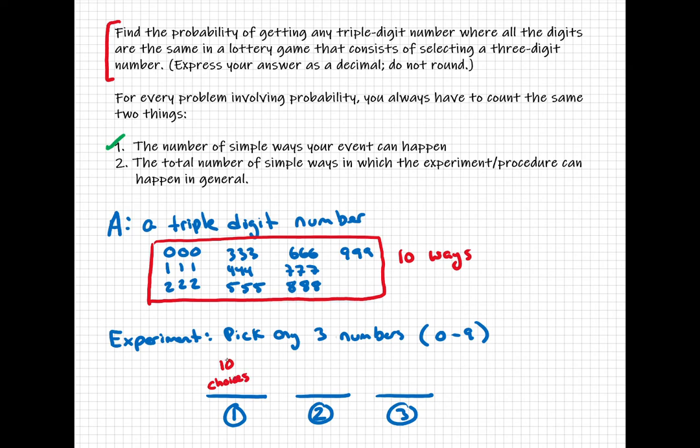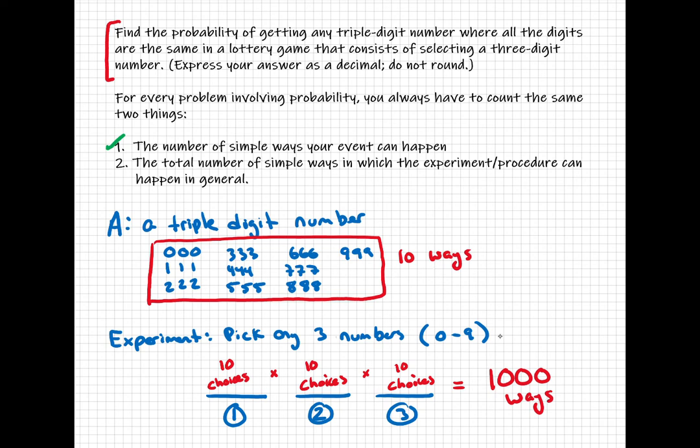You have the numbers 0 through 9, and it doesn't say anything in the problem where you can't repeat numbers, so you have the same 10 choices for that second digit, and you have the same 10 choices for the third digit. And the fundamental counting rule says we multiply these together, and 10 times 10 times 10 is 1,000. So your experiment can be done in 1,000 different ways.